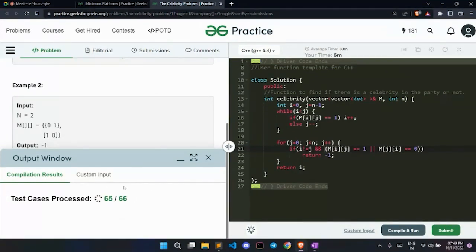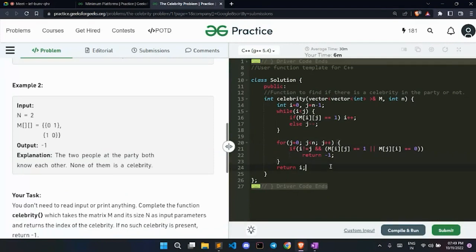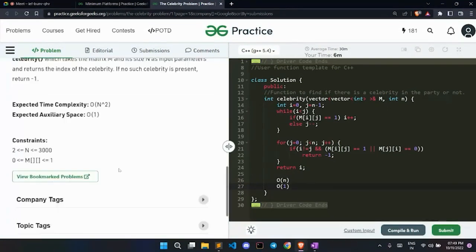we get all this passed, and this is an O of n complexity solution with constant space. So the interviewer is expecting this if we ask this question to you. So even if it is given like n square, the expected time complexity is n square, you should always try to optimize it till the point you can.